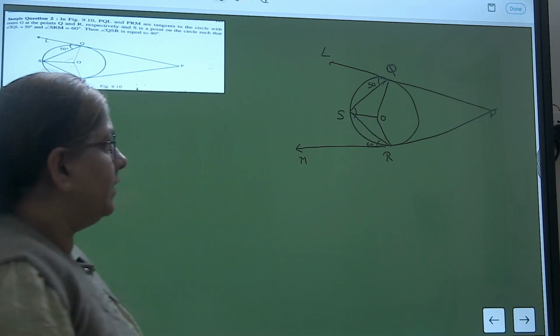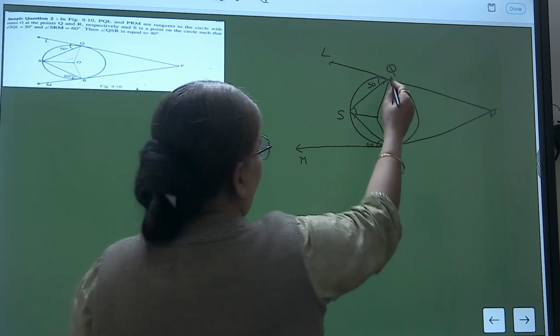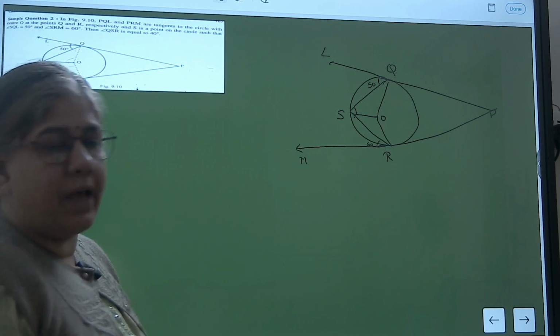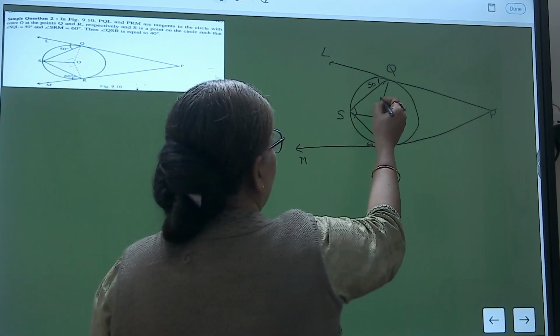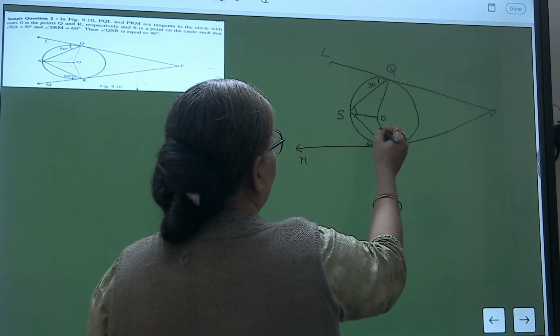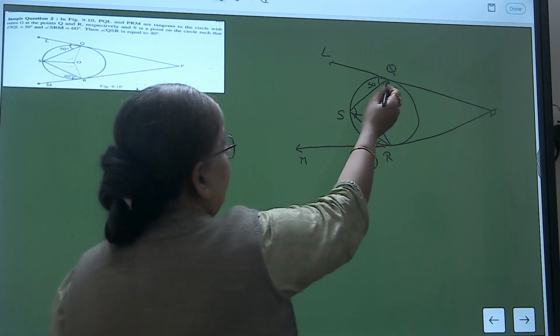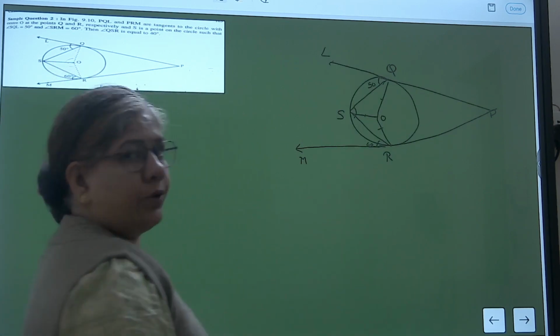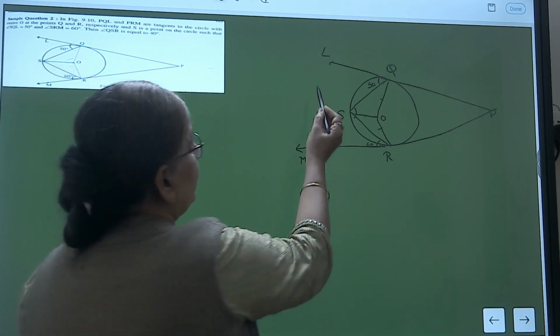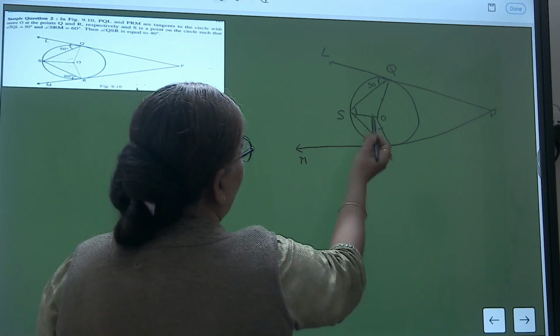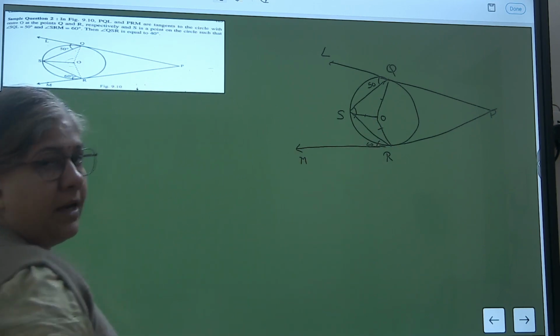So it is very easy. OQ and OR and OS, all three are the radii of the circle, so they are equal. And we also know that radius is perpendicular to the tangent. Hence, LQO and MRO will be 90 degrees.